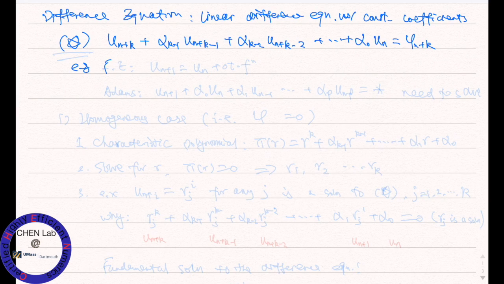For example, for the forward Euler we just explained, we're going to get u_{n+1} equal to something. I'm using subscript now for this explanation.